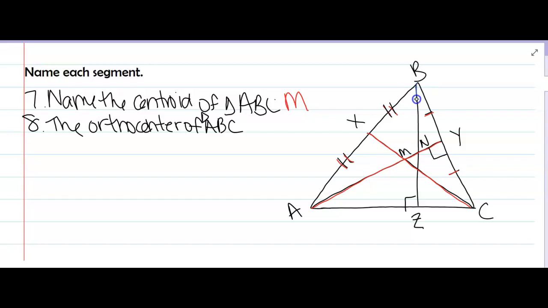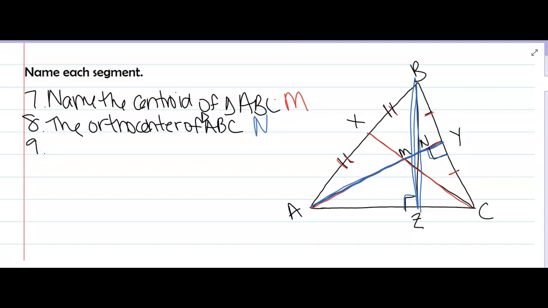So the first obvious one here would be BZ, right? It goes from B straight down, forming a perpendicular line. And then the other one goes from A straight down to that segment once again, forms a perpendicular line. So where these meet is going to be point N.